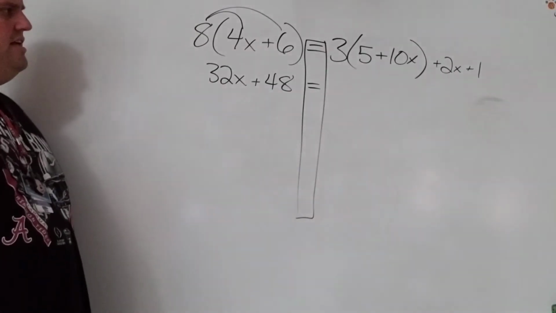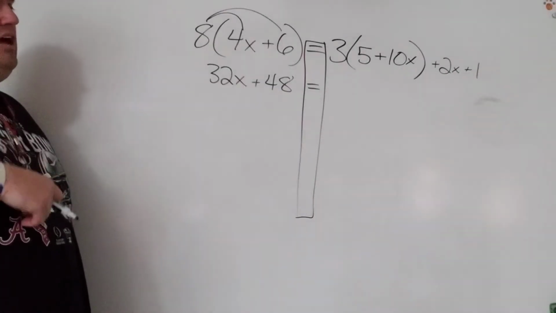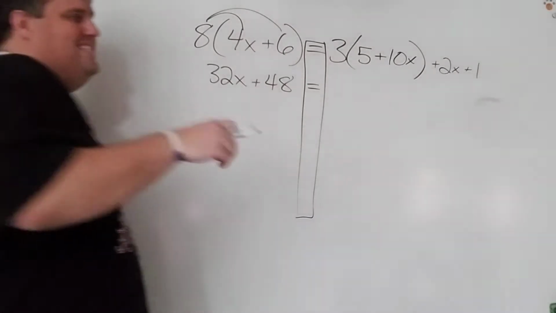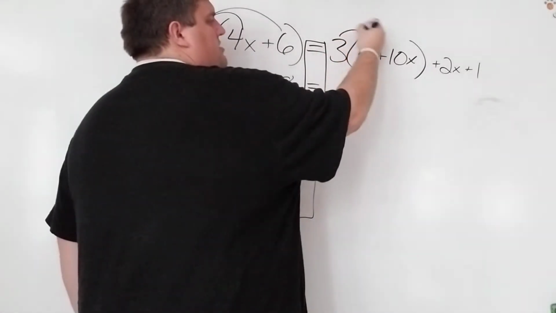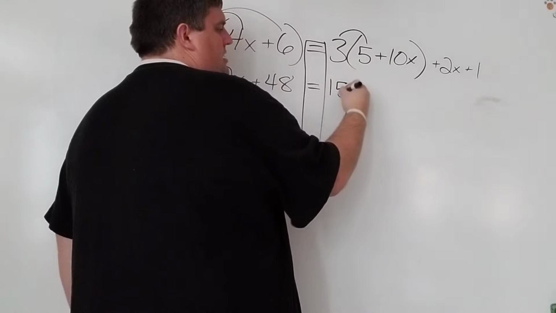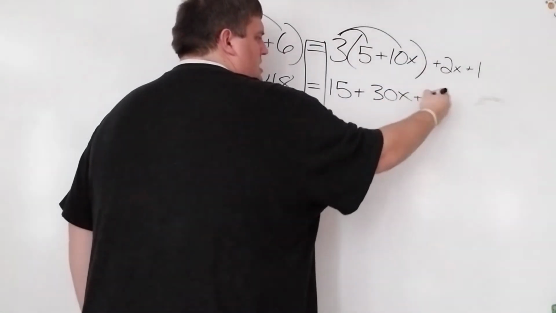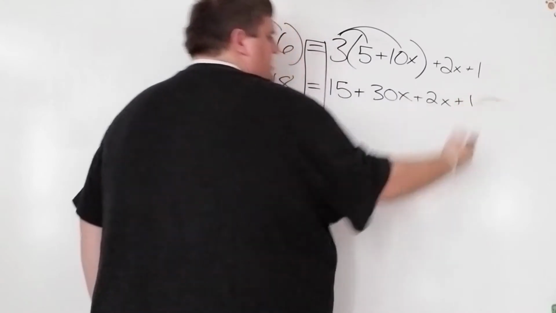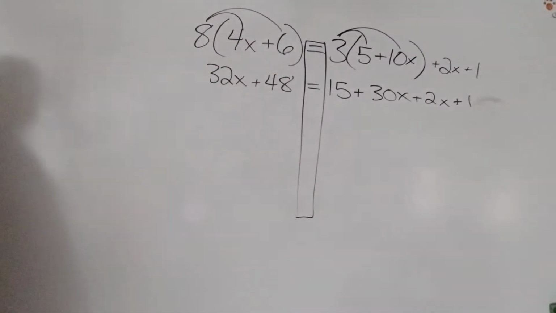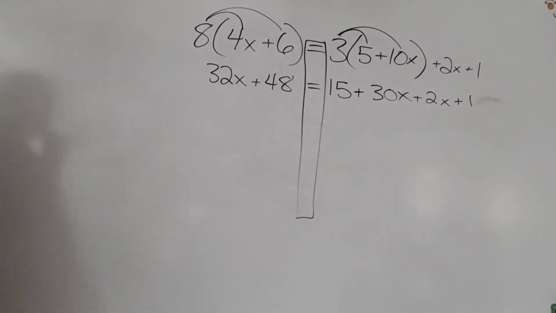And then on the other side, I only want to distribute the 3 to the stuff inside the parentheses. So 3 times 5 is 15, and 3 times 10x is 30x. And then this stuff's just going to stay the same. So that's what it would look like after the distributive property.